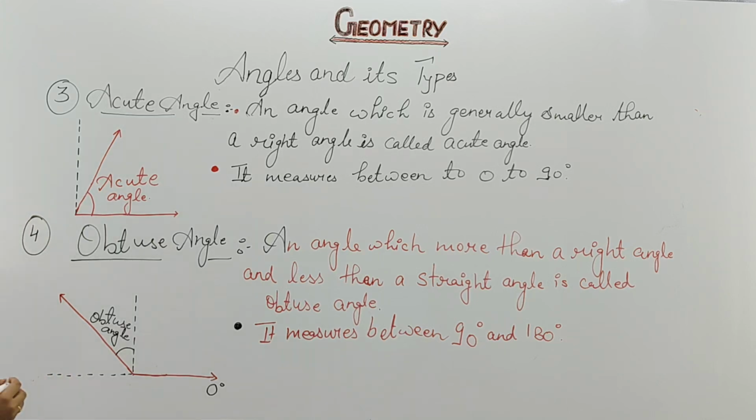You can consider this point as your 180 degree. When this angle slowly will come from this side to this side, it is just the measure of your obtuse angle. And when we increase it from here to there, slowly if it will reach this point 180, it will make your straight angle. Clear, no?